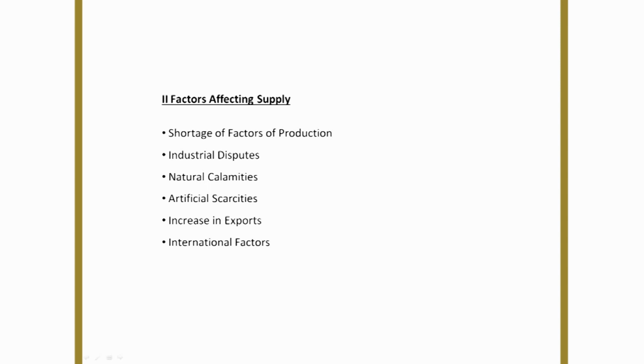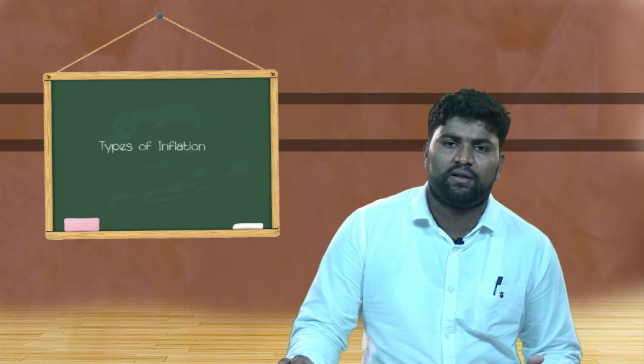Another one is industrial disputes. Industrial dispute is when disputes or dialogues between the owners and workers take place in the company or any working place, then certainly it makes the company or industry shut down, because usually industrial disputes take place over demands for more wages or salaries for the workers or laborers.